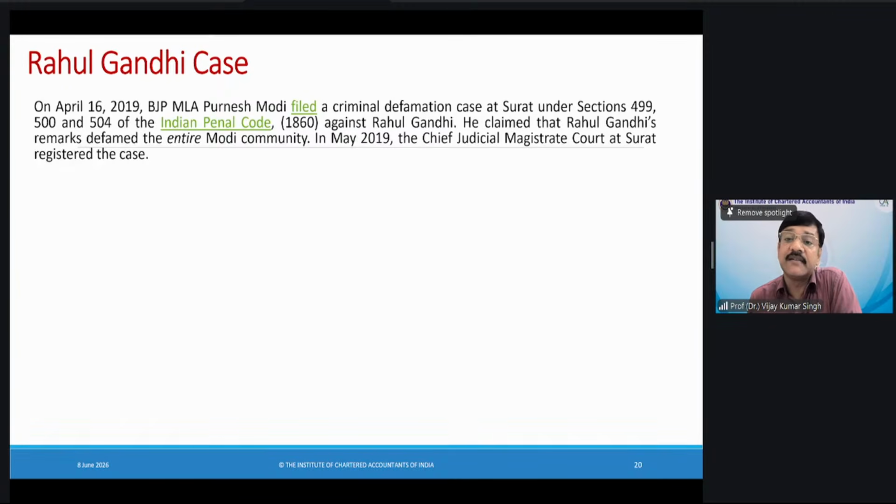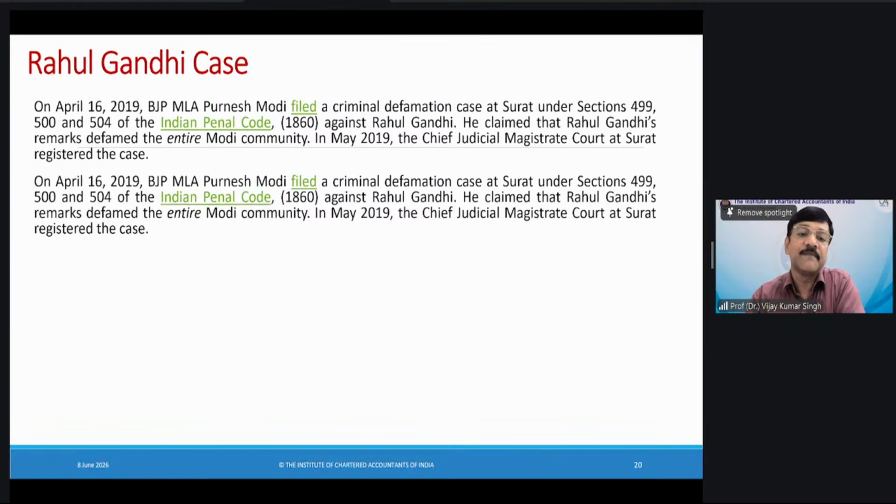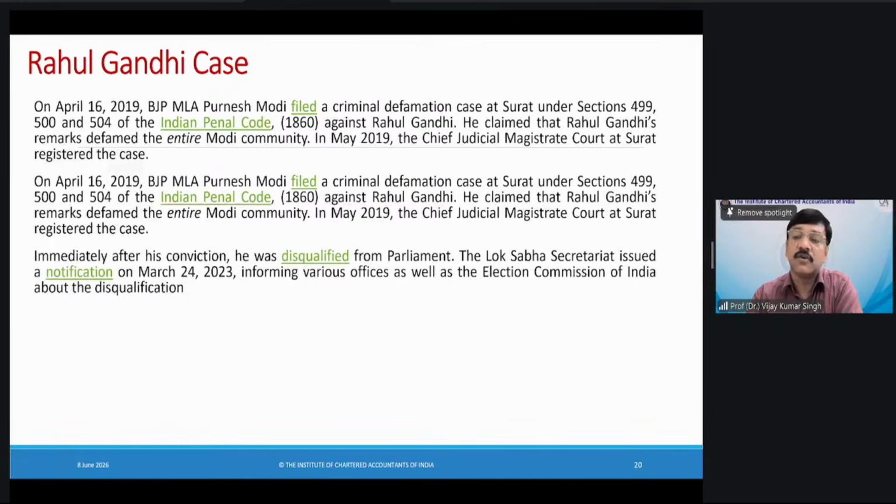And he claimed that his remark was against the entire Modi community and it defamed. And in May 2019, the Chief Judicial Magistrate Court at Surat registered the case, right? And after the hearing, it was found that Rahul Gandhi violated the law, and there the Chief Judicial Magistrate at Surat gave a punishment of 2 years.